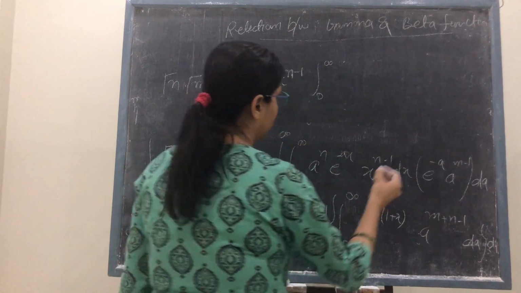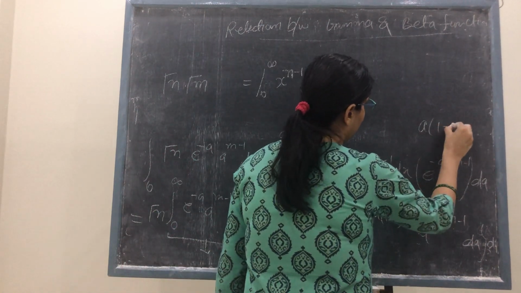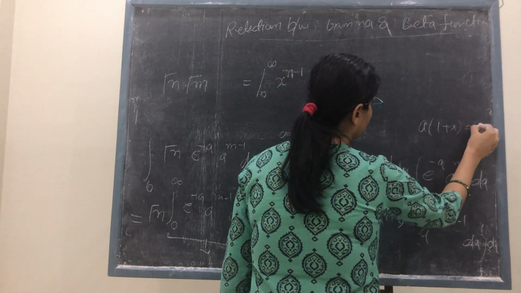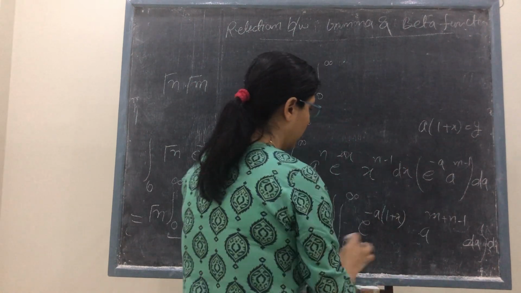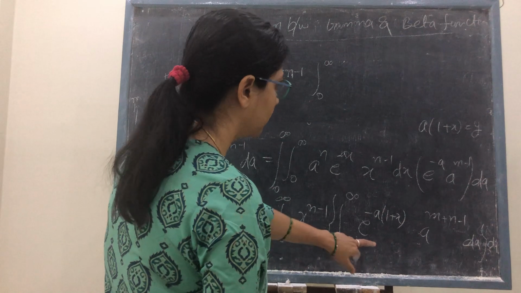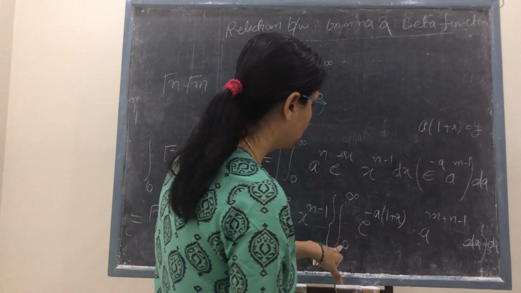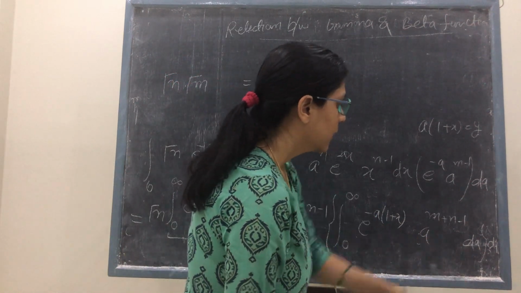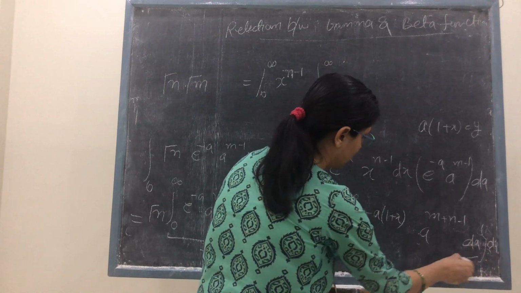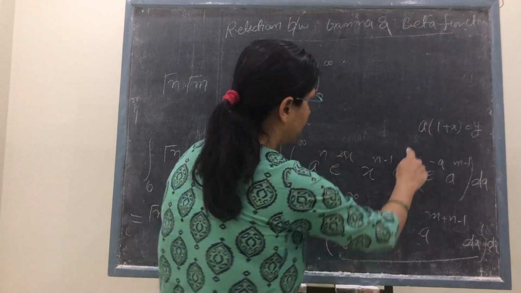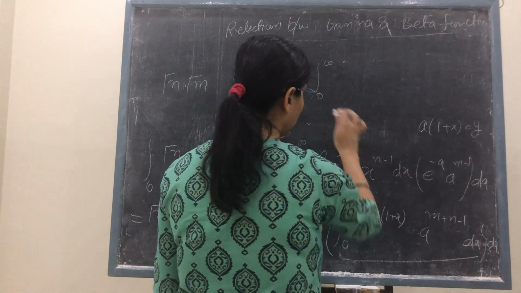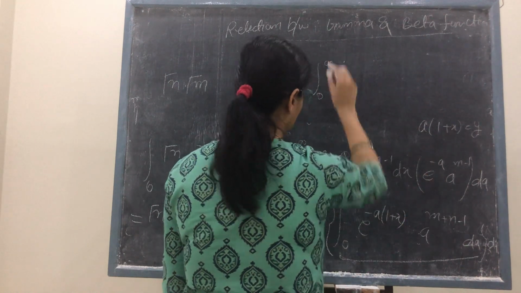Now we will take a(1 plus x) equals y. Putting it here, the integration is for da, so the integration limits are for a. When a is 0, y is 0. When a is infinity, y is again infinity.